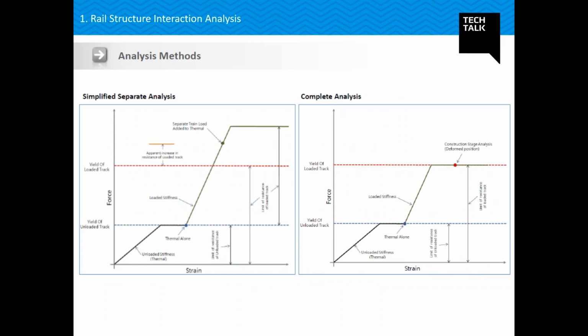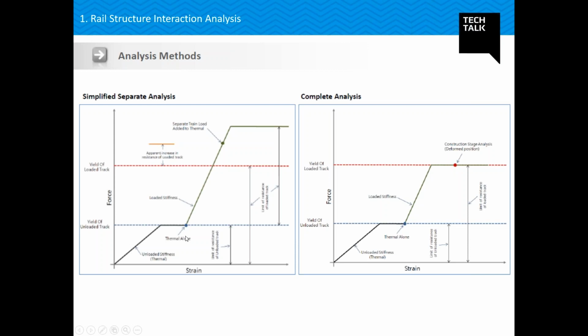Now to show you the difference, this is my ballast stiffness. As I told you, for unloaded condition, this is my unloaded stiffness. For unloaded condition, only thermal load will be acting. So suppose this much stiffness of my ballast has already been utilized.